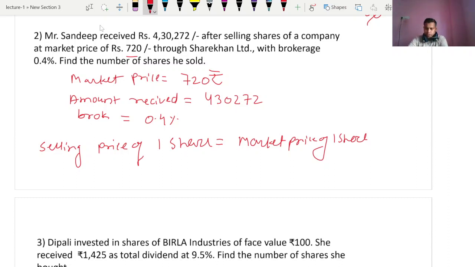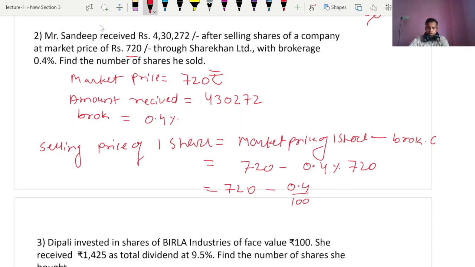Since he is selling, the brokerage charge will be deducted from the market price, minus brokerage charge. So the market price is what? 720 rupees. What is the brokerage charge? 0.4% of the market price, which is 720. So this will be 720 minus 0.4 by 100. Percent means what? By 100 into 720. And this will become 720 minus.